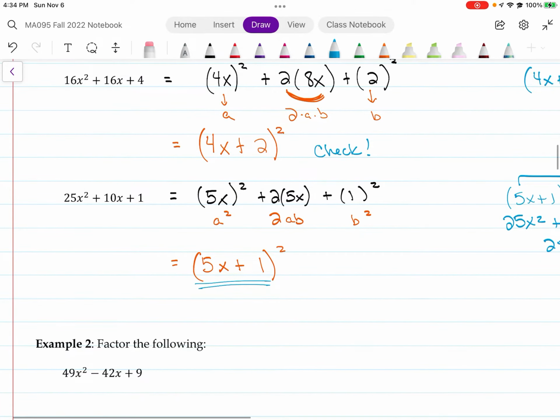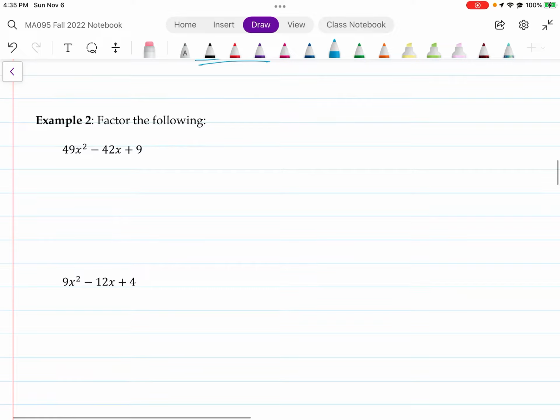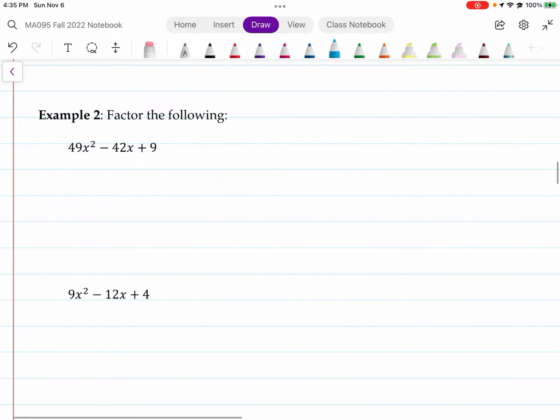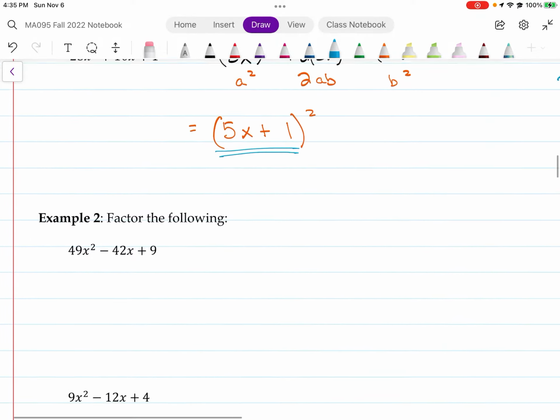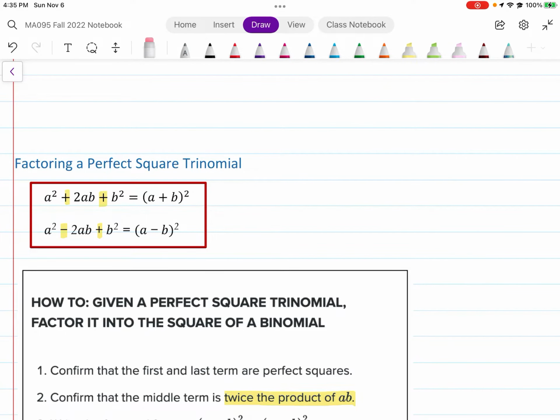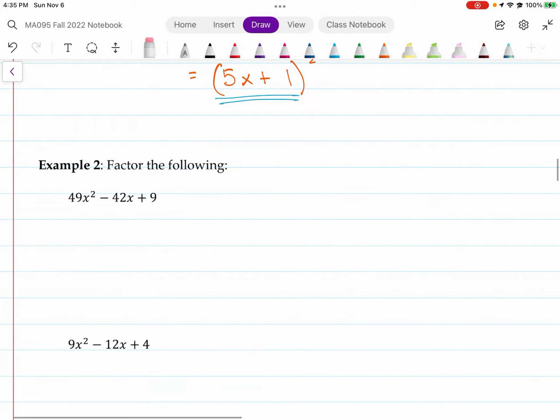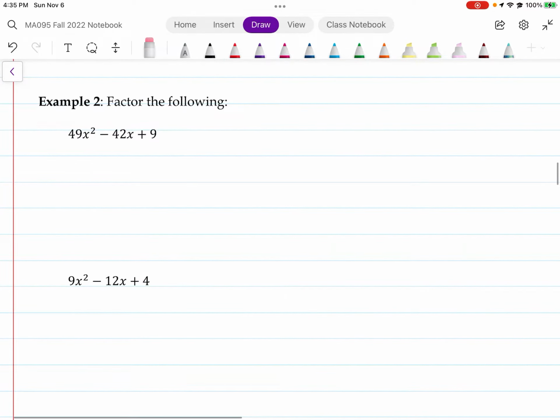All right, let's try a different kind of shape of our formula. So now this one has a minus in it, and if you think about it, this looks like the second one. Okay, so does it? Let's make sure, because sometimes we can be fooled. Not right now while I'm trying to teach you, but sometimes you can. So does this look like a squared minus 2ab plus b squared?